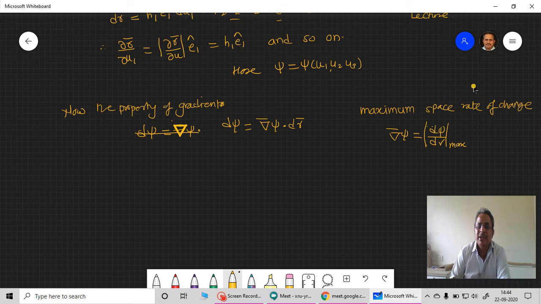If the angle between them is equal to 0, then this product is grad psi into dr into cos of theta. If theta is equal to 0, cos of 0 is equal to 1, and we get this quantity to be maximum. So grad psi will be maximum when the angle between these two vectors is 0, and this grad psi maximum is nothing but d psi upon dr.